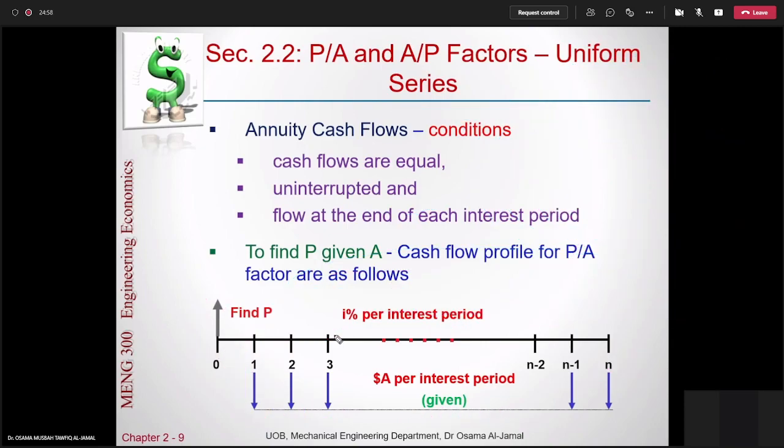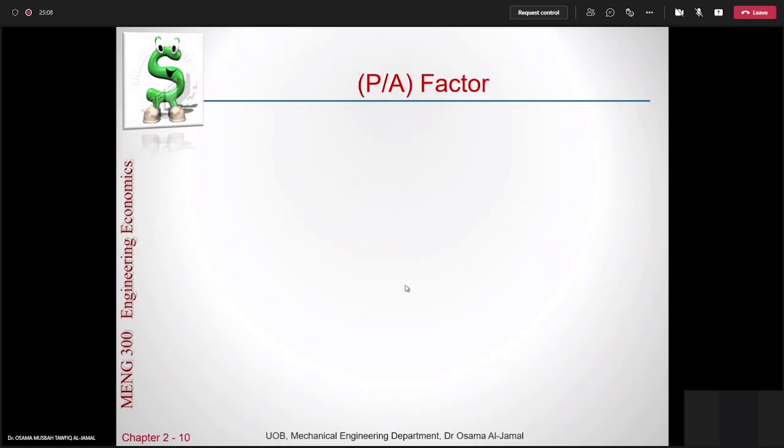You need, from the first time, to identify that what we have here is an annuity. Look for what we have for that factor.